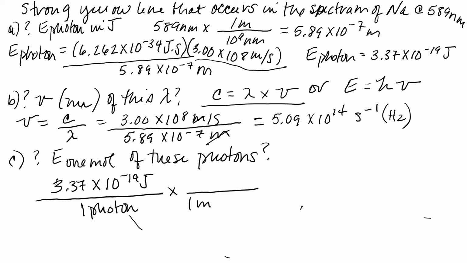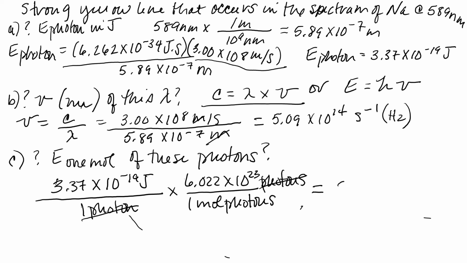And in 1 mole of photons, we have Avogadro's number of photons. So we've canceled or eliminated the photons, and now we'll have units of joules per mole. And this is 2.03 times 10 to the 5th joules per mole of photons.